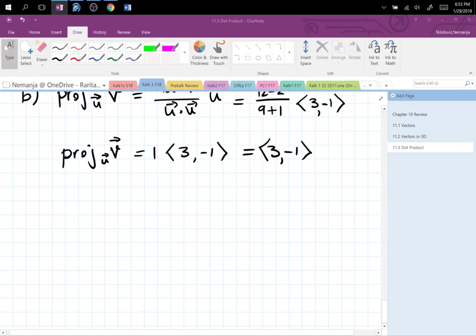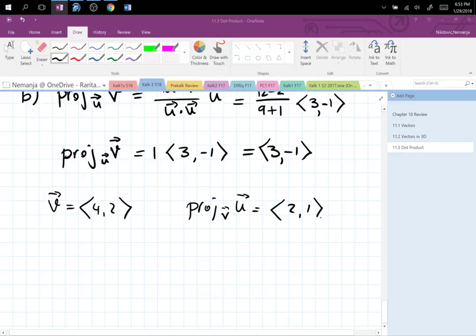So vector v is 4, 2, and the projection of vector u onto vector v was 2, 1. So you can find the cosine. This is a check.